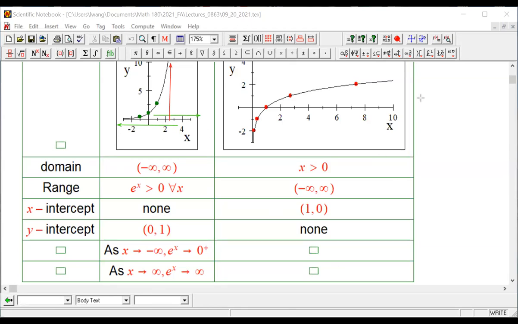Now look at ln x. You don't have x approaching negative infinity because x cannot be 0 or any negative number, right? But x can approach 0.